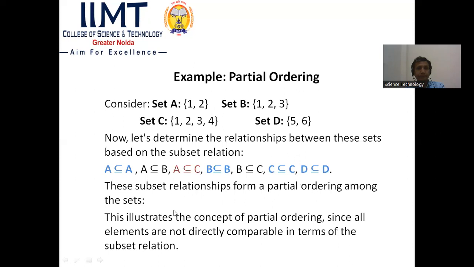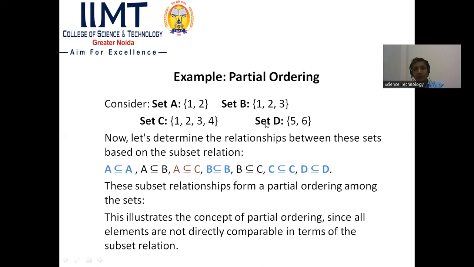Partial ordering: here is an example representing the ordering and partial ordering between four sets, set A, B, C, and D. Set A comprises two elements, B comprises three, and set C comprises four elements, namely 1, 2, 3, and 4.